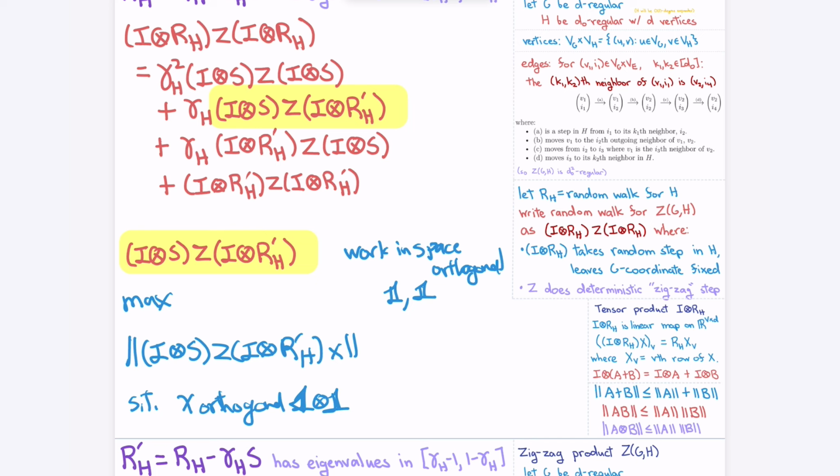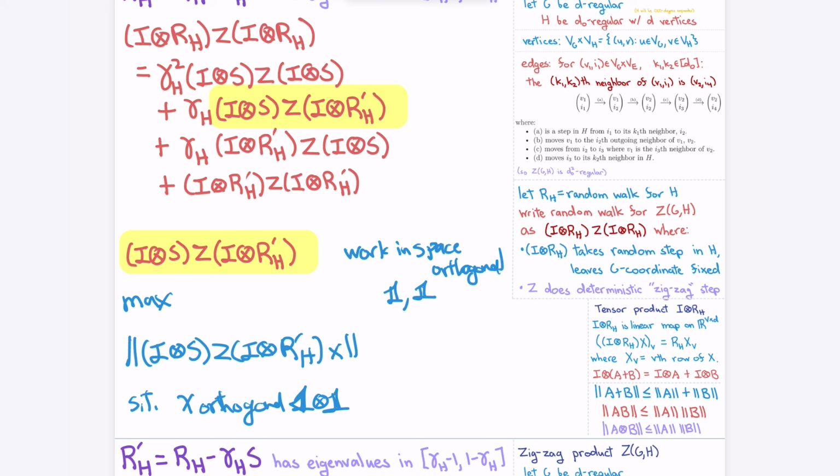What about z? All you know about z is that it's a random walk matrix, although a very boring random walk matrix. It's deterministic, so it's not much of a random walk. But yes, it's at most 1, just from being a stochastic matrix.